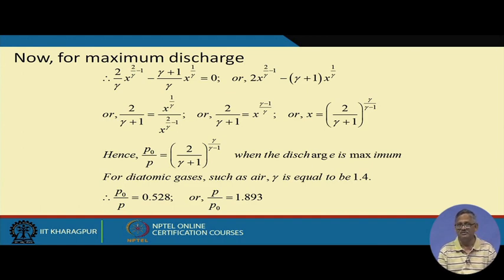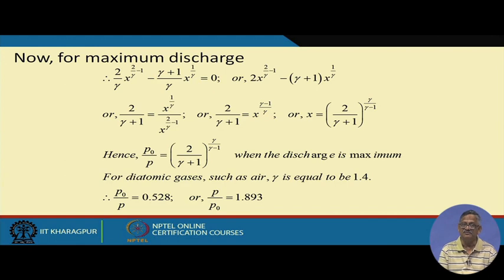So if dW by dP0 is 0 corresponds to a maximum, then for a diatomic gas, whose gamma, the heat capacity ratio, is 1.4, the pressure ratio from the tip to the inlet is 0.528.